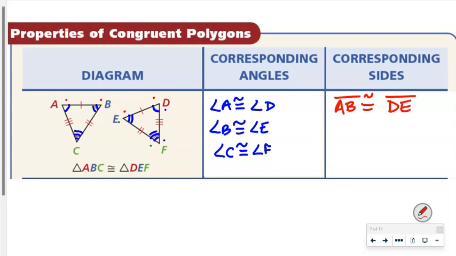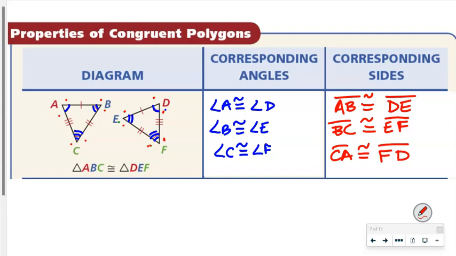Okay, then we're going to go across our 2 tick side, so we're going to say BC right here. So this is going to be BC, and we're going from 2 to 3. So we're going from 2 arcs to 3 arcs right there, so that's going to be EF. And then our third one is going to be CA, so that was from 3 arcs to 1. So CA, and so here again we're going from 3 arcs to 1 right there, right? So that's going to be FD. Those are our congruent statements.